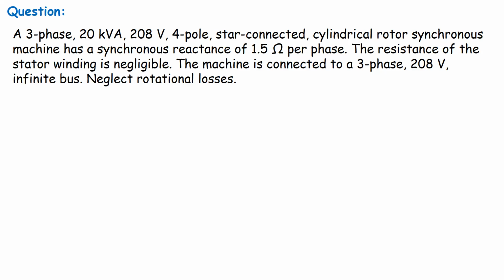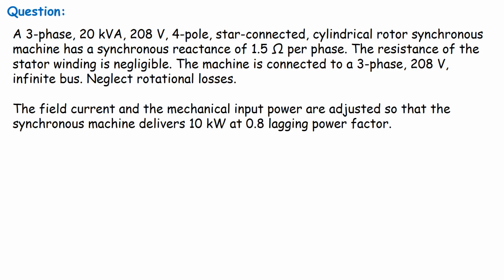The rotational losses associated with the machine are negligible. The field current and the mechanical input power are adjusted so that the synchronous machine delivers 10 kilowatts of real power at 0.8 lagging power factor.